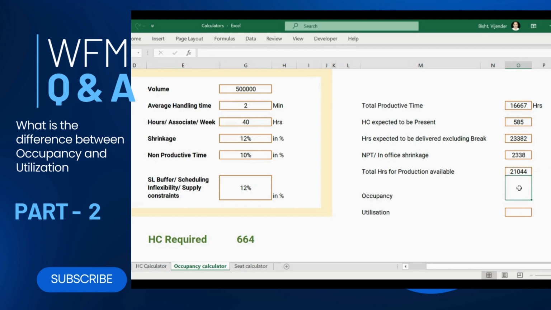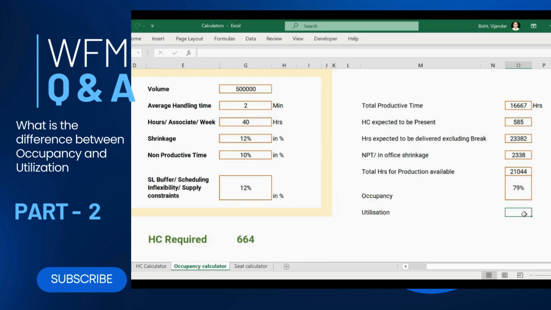Now, how do I calculate the occupancy? My total productive time is 16,667 hours. That will become my numerator. And for occupancy, my denominator will be 21,044. Why 21,044? Because those are the only hours I can actually utilize for the entire production.